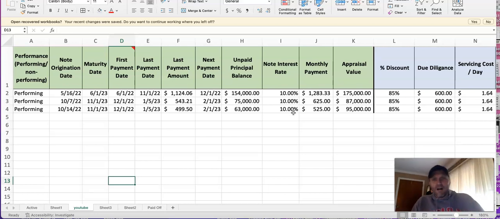Sometimes you'll get 85. In this particular case, he said 85% of the unpaid principal balance, well, between 85 and 90. So I started off with the 85. I can always go up, I can't go back.